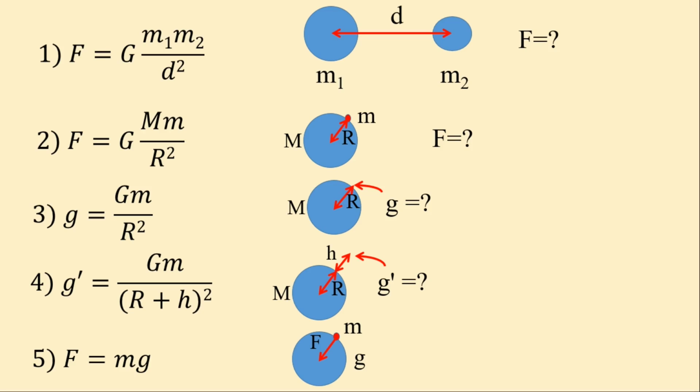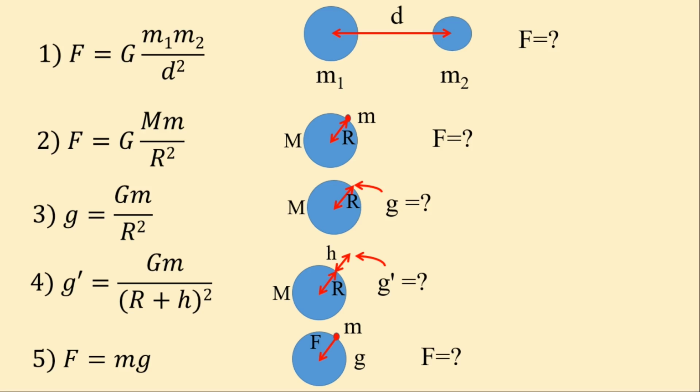And how much is the acceleration on the surface of the earth? We can consider it as 9.8 meters per second square, and we can calculate capital F, the gravitational force of the earth acting on the body, which is also the weight of the body on the surface of the earth.